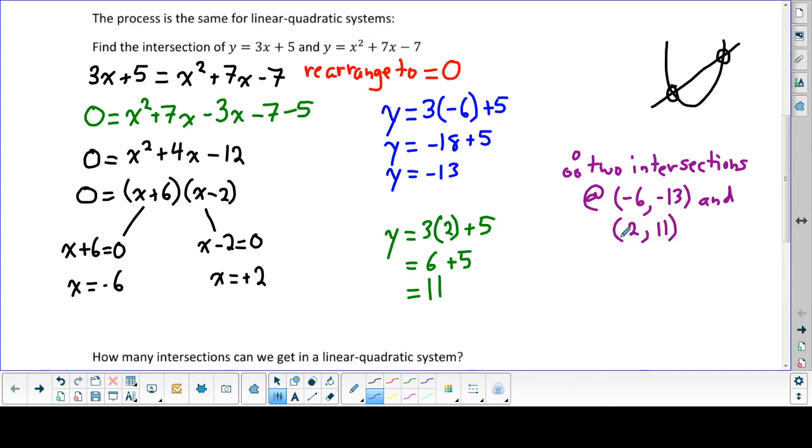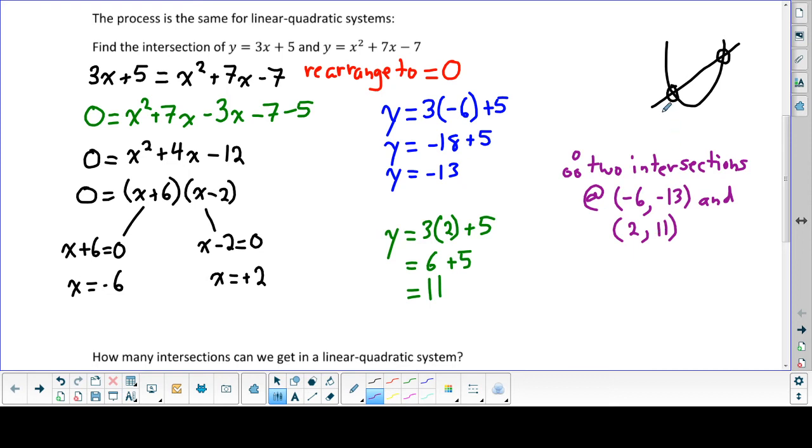Now, it doesn't matter what order you write these in, but it is very important that we match the x with the corresponding y value, right? It would be wrong to say (-6, 11) and (2, -13), because those aren't the correct corresponding xy pairs. Okay, so that's the general process.